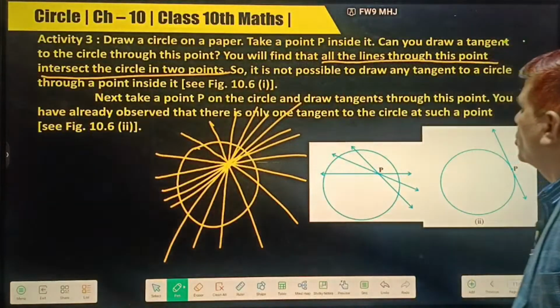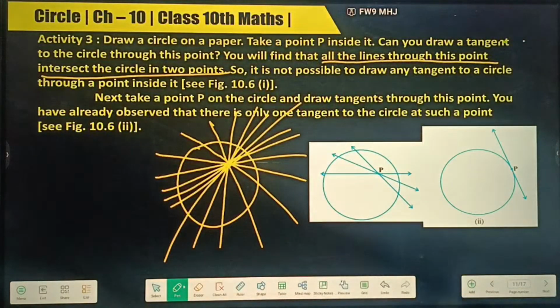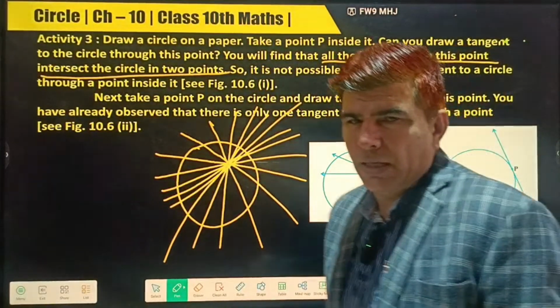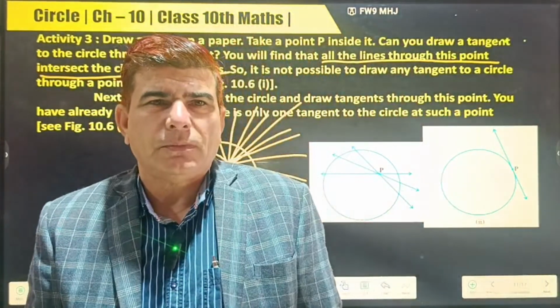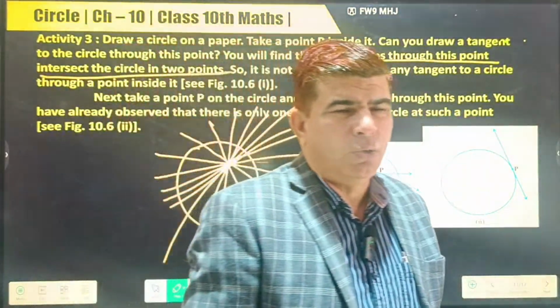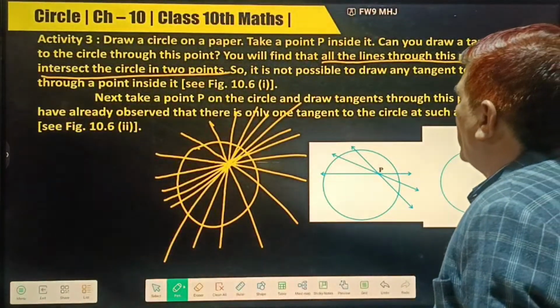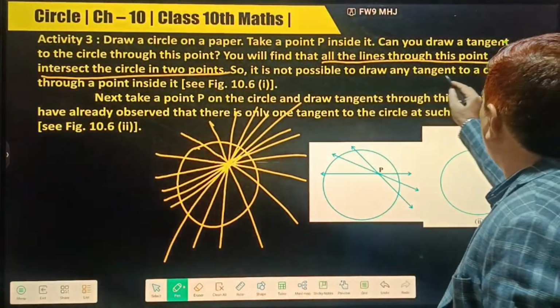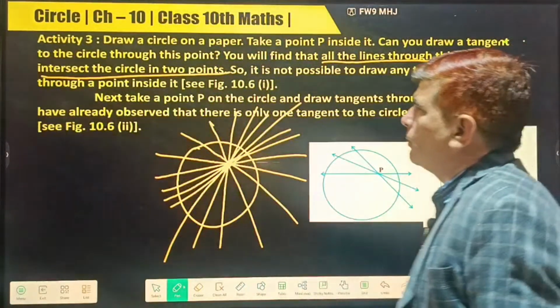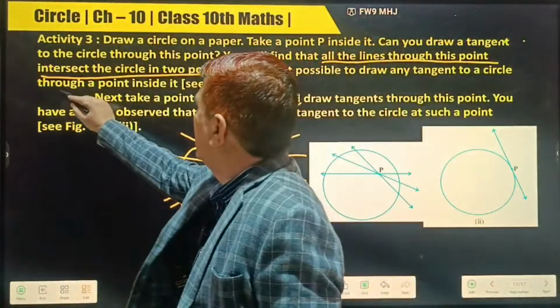So it is not possible to draw a tangent. If a point is lying inside the circle, it's not possible to draw a tangent which passes through this point. So it's not possible to draw any tangent to a circle through a point inside it.